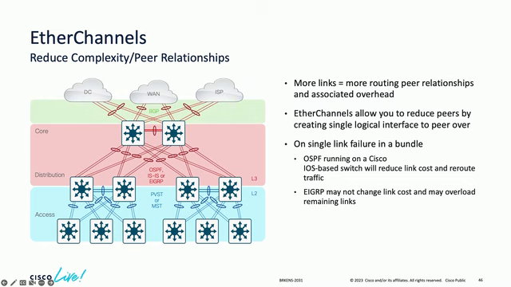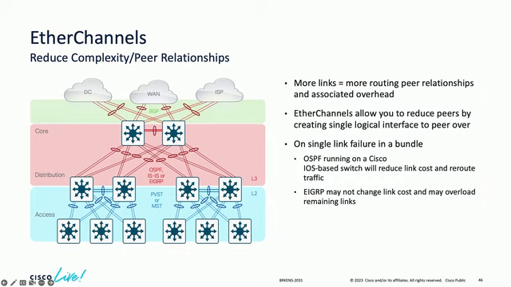When it comes to load balancing through L3 EtherChannels, and we are slowly migrating toward L3 services, we have to keep in mind that EtherChannels help us to reduce peering complexity. However, if we use L3 EtherChannels, we might have different reactions where one of the link members is failing.